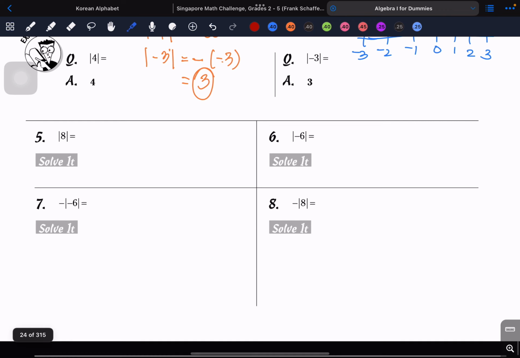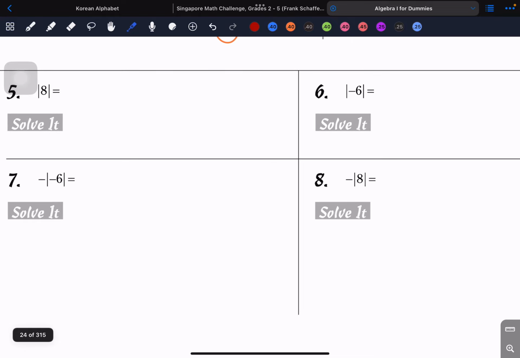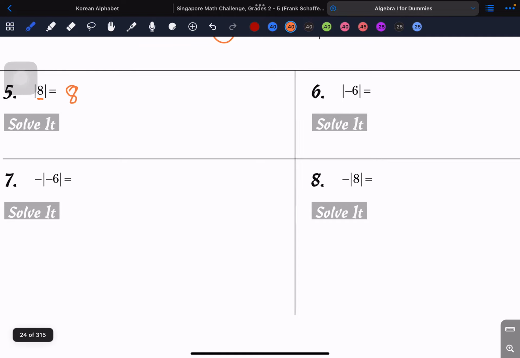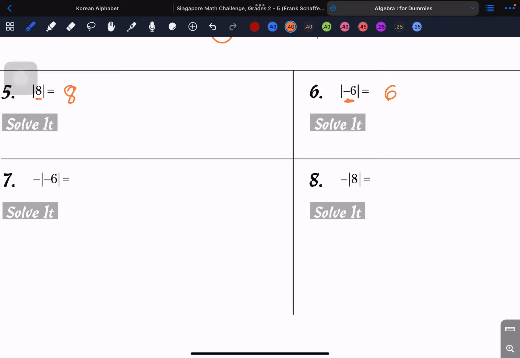Yan. Practice. Absolute value of 8, just copy 8. Absolute value of negative 6, just copy. Since this is a negative number, we just need to get the opposite of negative 6, which is 6.